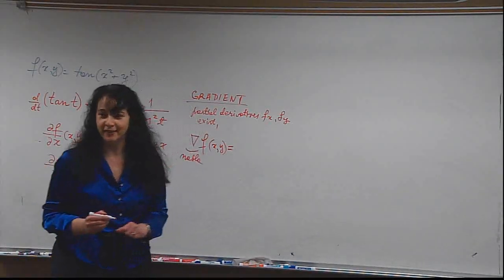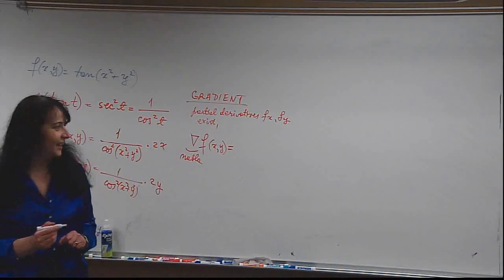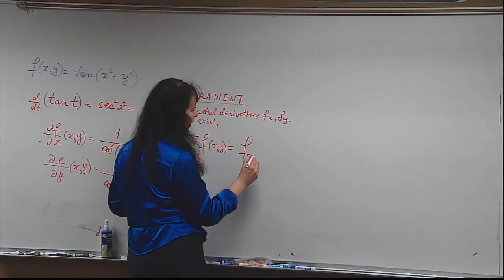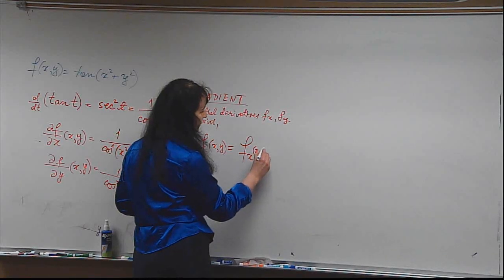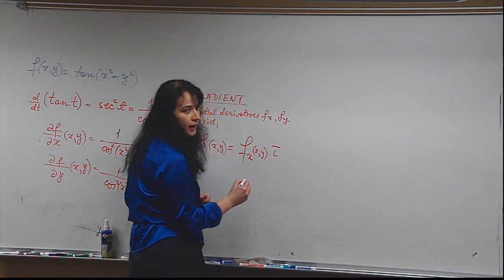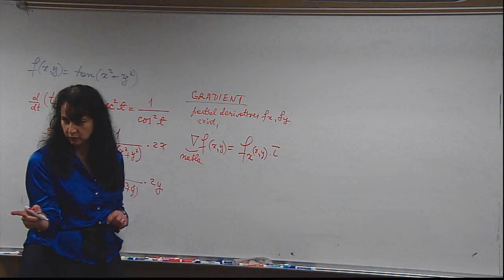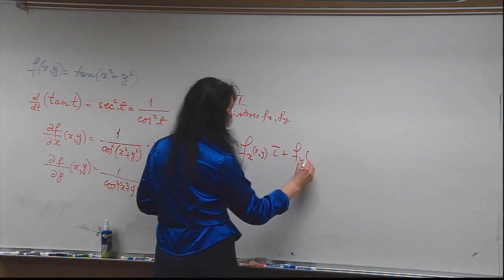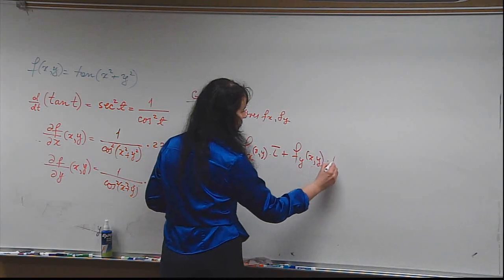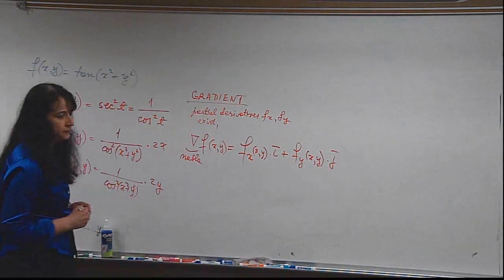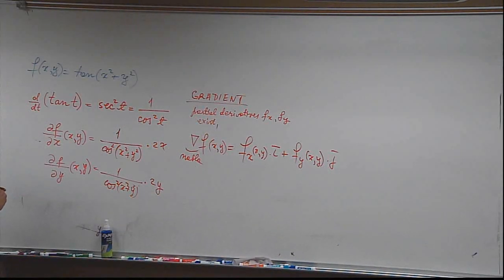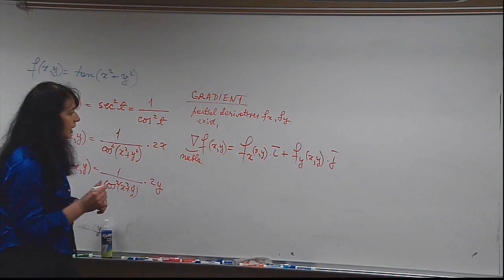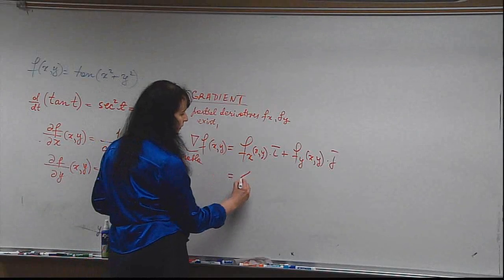And I know you love vectors, and that's why I'm going back to the vector notation. f sub x at x, y times i, being the standard unit vector along the x-axis, plus f sub y at x, y times j. So it's just vector notation of partial derivatives. How else would I write it?